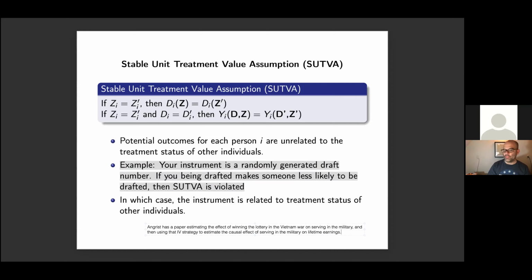So he's going to use as his instrument whether you won the lottery. Higher values of Z are going to cause some people to serve in the military.